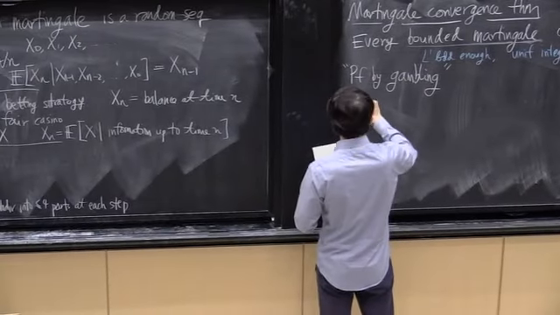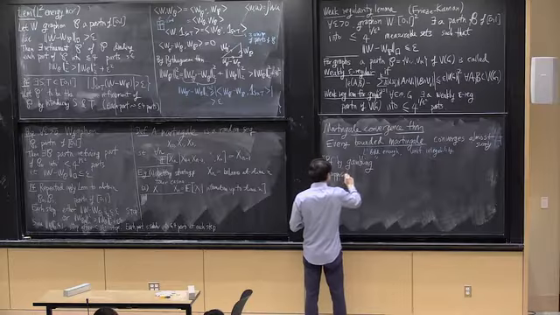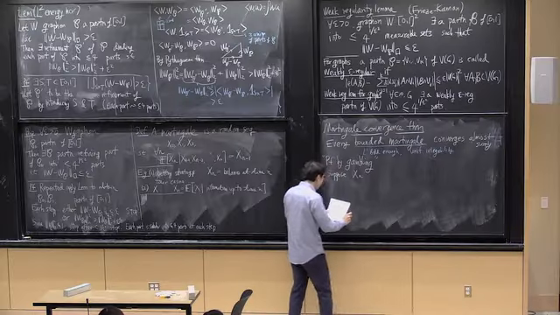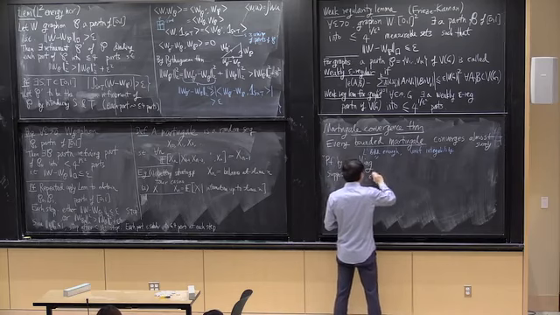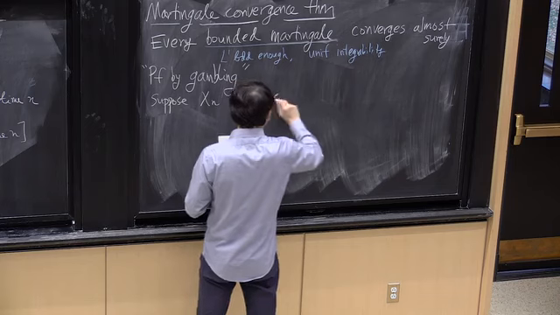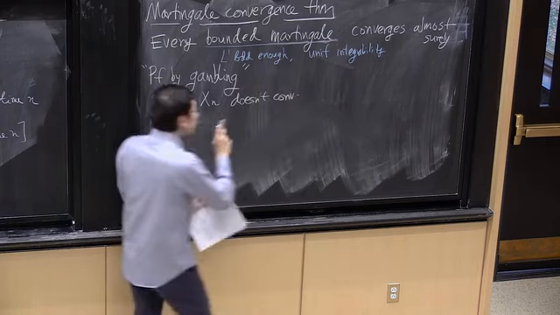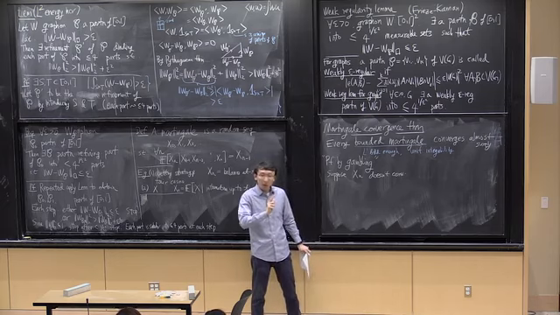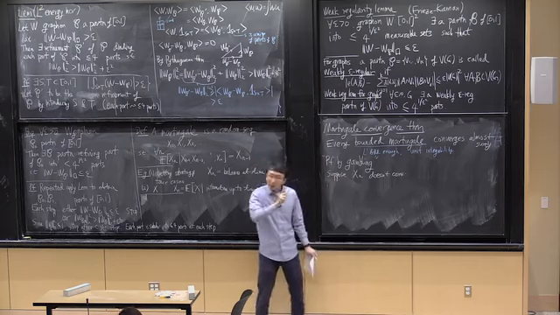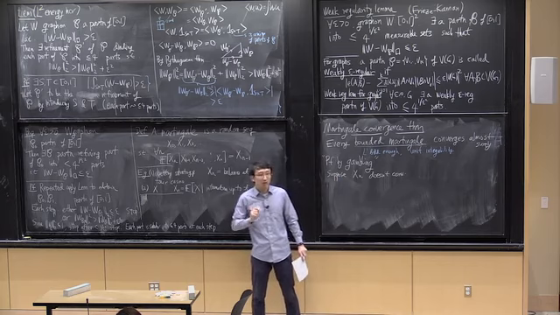So suppose x sub n doesn't converge. This is why I say I'm going to be somewhat cavalier with probability theory. When I say this doesn't converge, I mean a specific instance of the sequence doesn't converge.